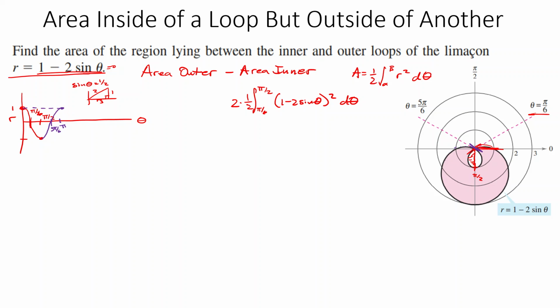But it looks like that would just be right there. We need to keep going to see how far we get. If we go another pi over 2, that would be 3 pi over 2. Sine's negative 1, and 1 minus 2 times negative 1 is 1 plus 2. We're going to be up here. So this just keeps going up until we get up to 3.